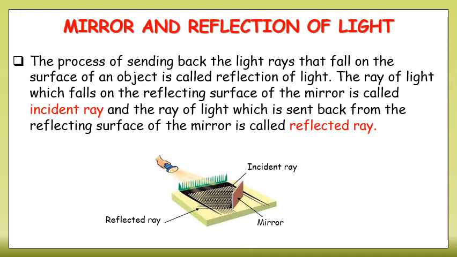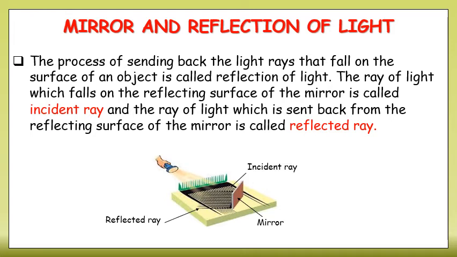Now, the ray of light which falls on the reflecting surface of the mirror is called the incident ray, and the ray of light which is sent back from the surface of the mirror is called reflected ray. Okay, so the ray of light which falls on the mirror is called the incident ray, and the ray of light which is sent back from the mirror is called reflected ray.